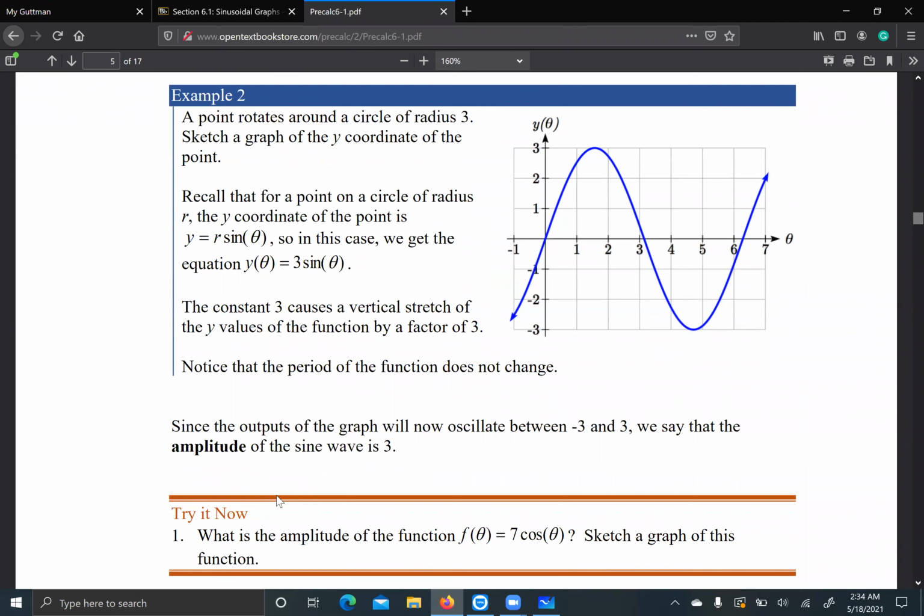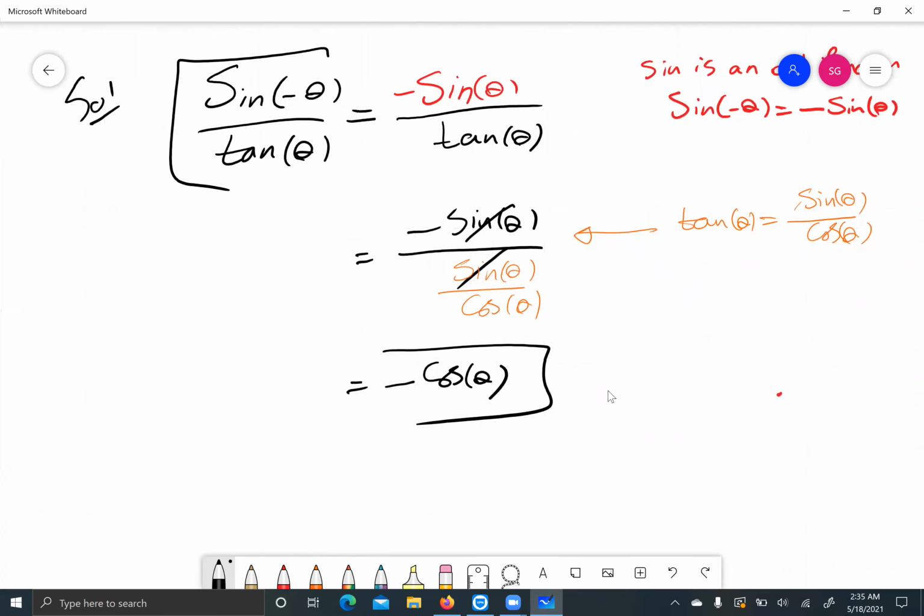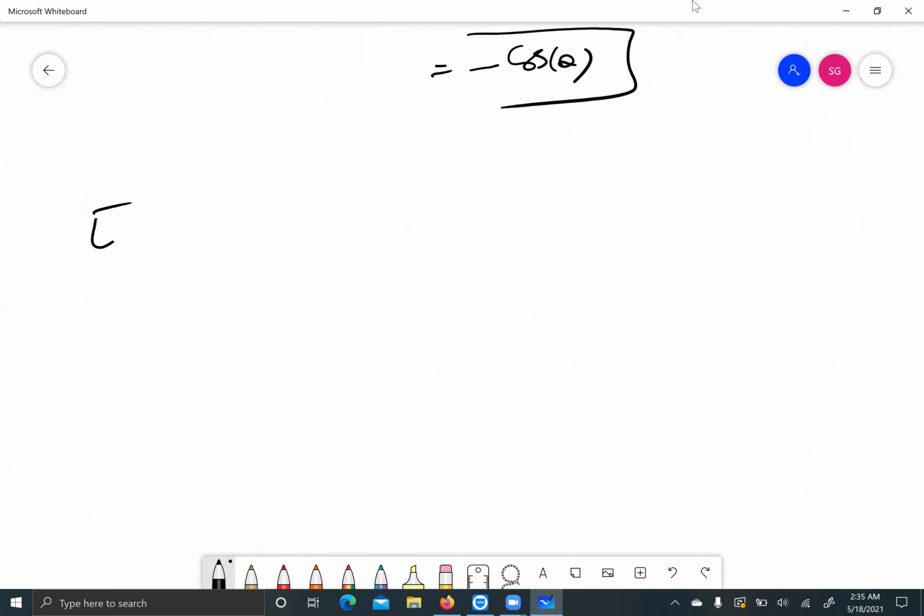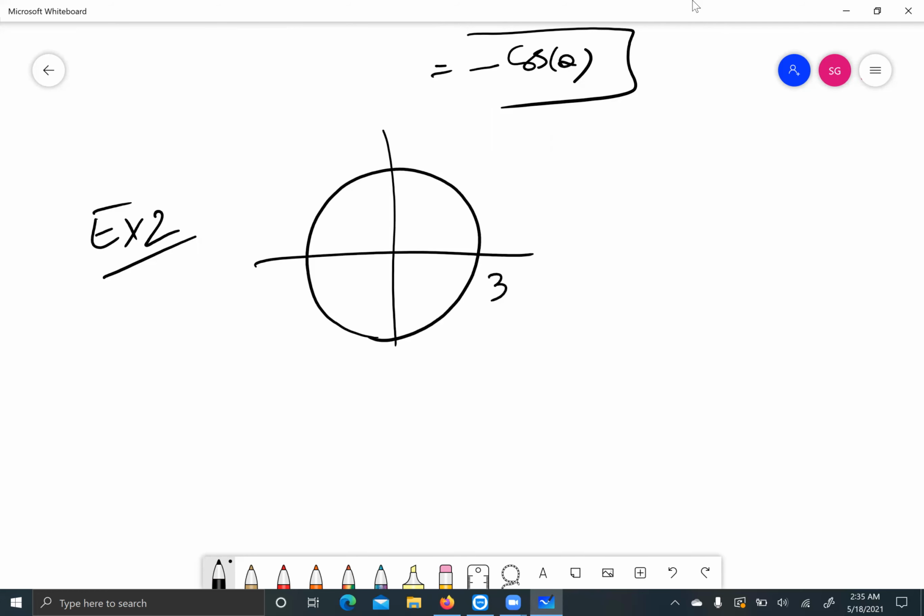Example 2: a point rotates around a circle of radius 3. Sketch a graph of the y-coordinate of the point. So the y-coordinates of the points would be sine. The question says the point is rotating around a circle of radius 3, right? So you have point P, which has some x and y value, and it gets rotated around the circle of radius 3.